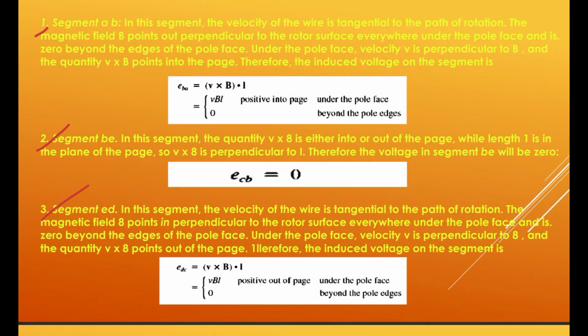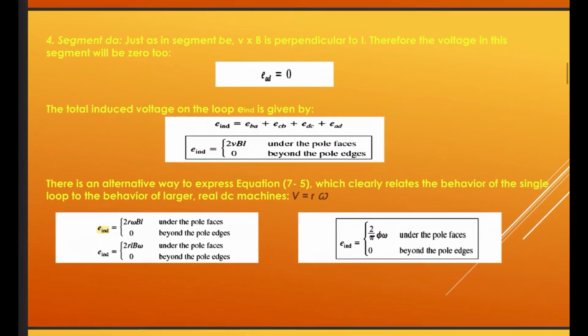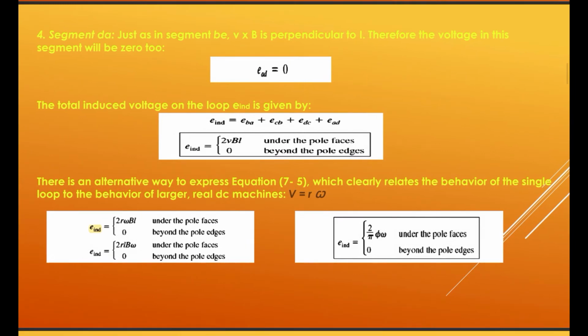For segment 1, E_ba equals VBL, positive into the page under the pole faces. For the second segment, E_cb will be 0. For segment 3, we have maximum positive out of the page. Then the fourth segment, which is E_ad, will be 0.